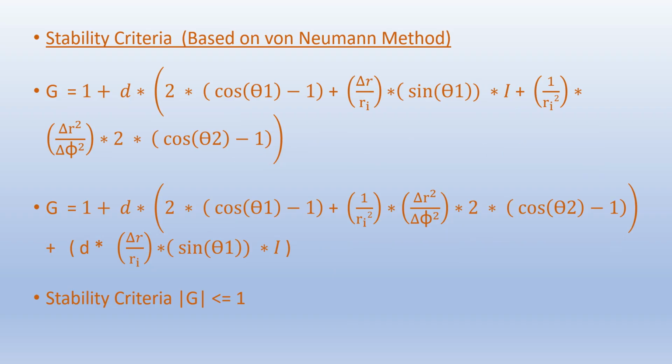From which, when we compare this to the other equation, that is f_i^(n+1) equals g times f_i^n, we can obtain the amplification factor g from the previous equation. Accordingly, g is shown here, and we need to meet our stability criteria: absolute value of g should be lesser than or equal to 1.